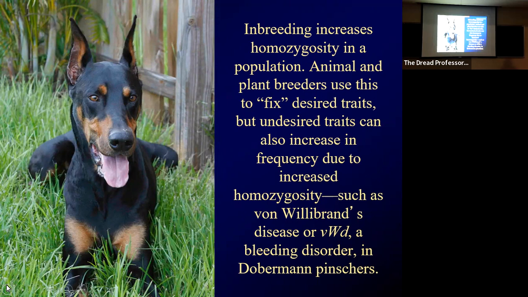So if you're an animal breeder, you want standardization, and the way you do that is by breeding close relatives. It's not uncommon for people developing an animal breed to breed siblings or fathers to daughters. The problem is that that increases homozygosity for traits that you want. It also increases homozygosity for traits that you don't want.